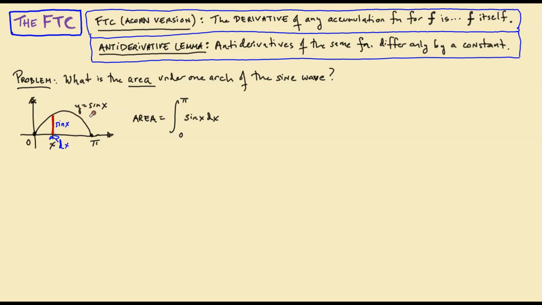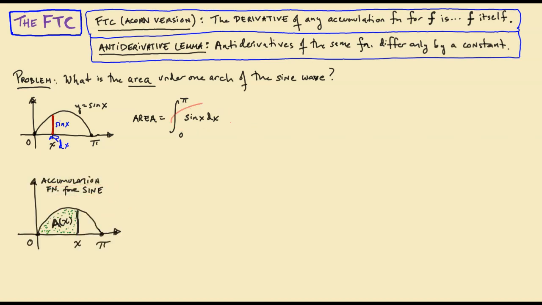Instead of just thinking about the sine function itself and the integral of the sine function from 0 to pi in particular, let's relax that specificity a little bit and look instead at the accumulation function for sine, which integrates sine not just from 0 to pi, but from 0 to whatever. You give me any input x, and the accumulation function for sine gives you A of x, the area under the curve from 0 to x, the integral of sine from 0 to x.